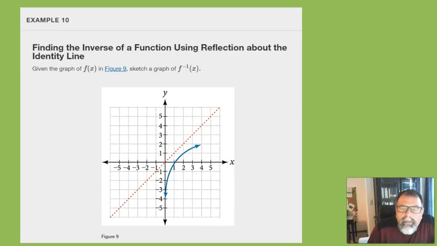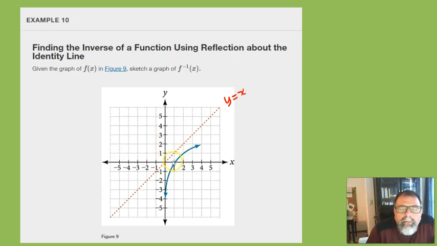That's our identity line, y equals x. What I noticed is that this has a vertical asymptote on the y-axis. So when I flip it over that line, it's going to have a horizontal asymptote, and it'll be the x-axis. Then just take points and flip them.